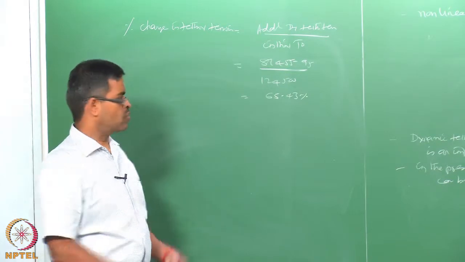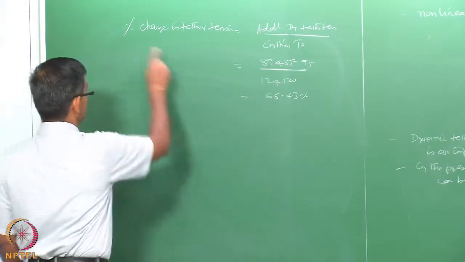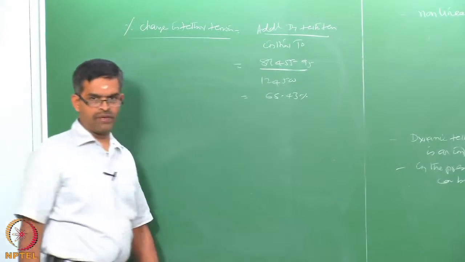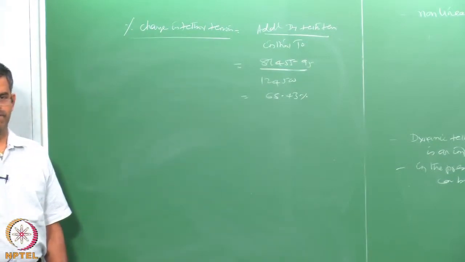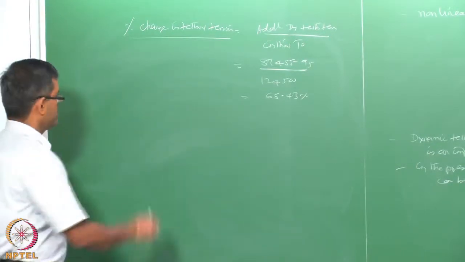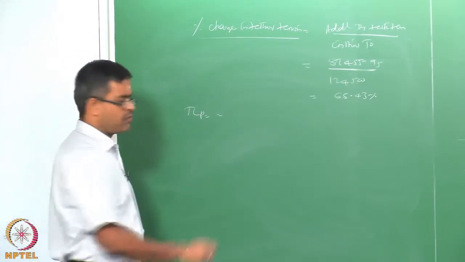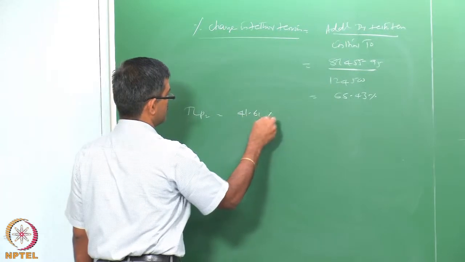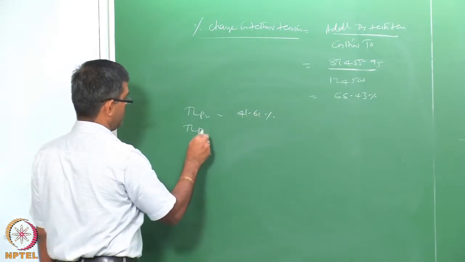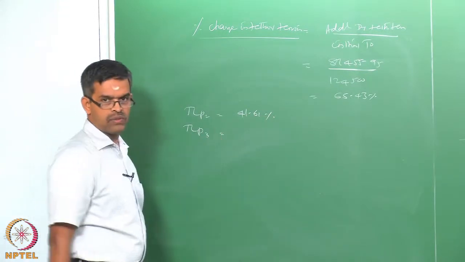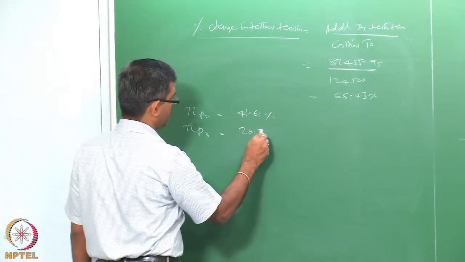That is what we have shown in the table as the percentage tether tension variation. Similarly, for TLP 2 this value is 41.61%, and for TLP 3 this value is calculated as 20.31%.